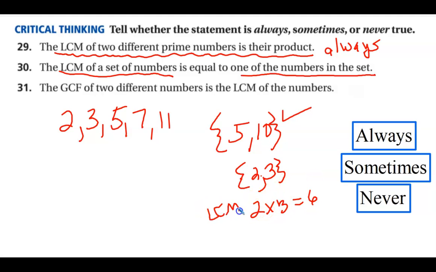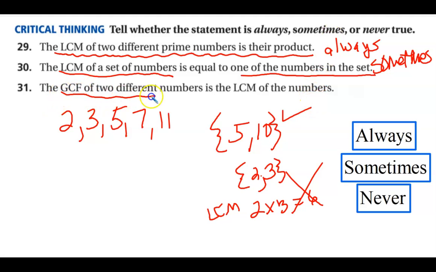So now, does 6 match one of the numbers that I started with in my set? No. So this time, it was a big fat no. One time was yes, one time was no, which means it's going to be sometimes. Okay, so there's an always and a sometimes. We can try to guess that the next one's going to be a never, but let's figure it out.